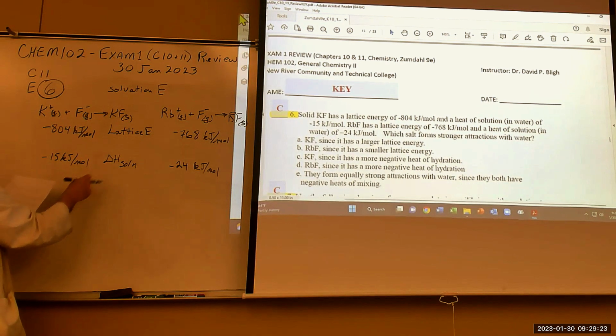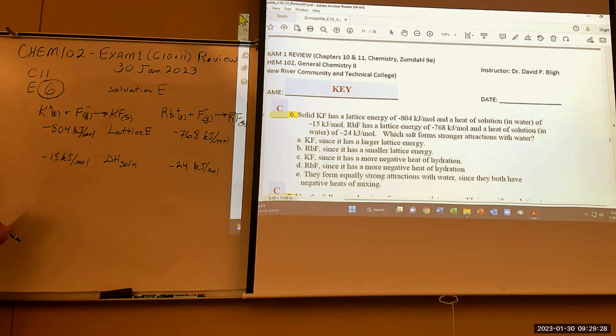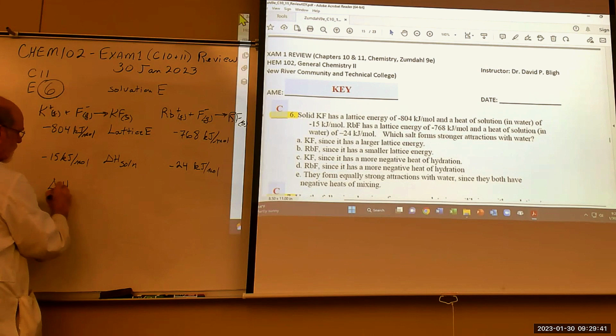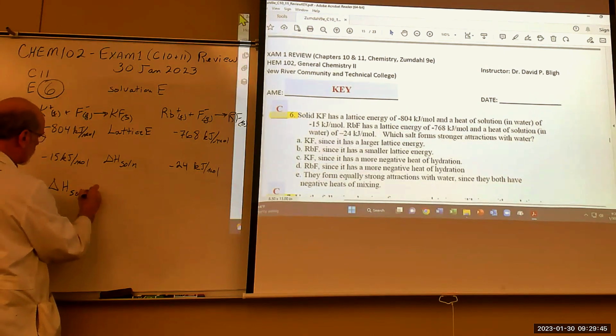This heat of solution. What does heat of solution mean? Well, okay. Remember when we said the heat of solution is actually broken into 3 parts.